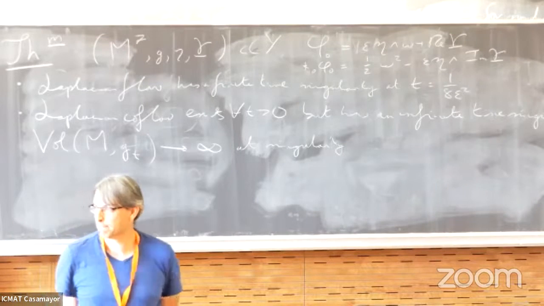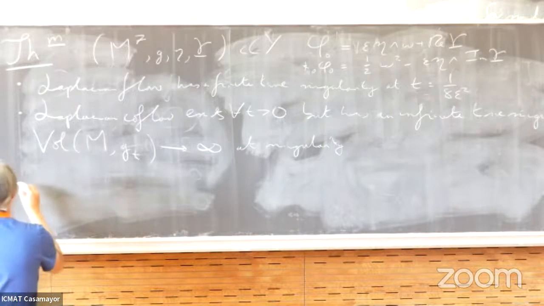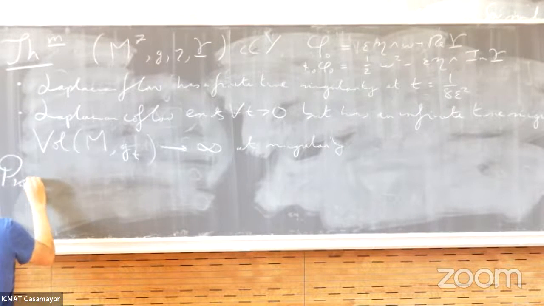Are you using anything on the topology of M7 or nothing? This is just general. And well, since I'm here, the proof is very straightforward. All you do is literally write down the flow, so you can actually just solve it.